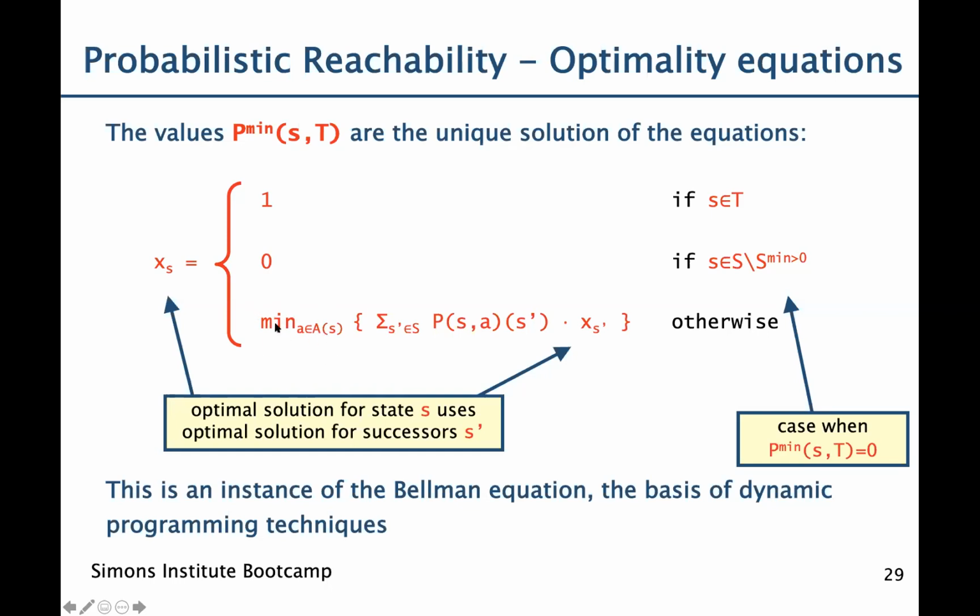So it's the minimum over the available actions, of the probability that we move to state S prime if we choose action A in state S, times the minimum probability from state S prime of getting to our target. This is what is known as an instance of the Bellman equation, and it's the basis of dynamic programming techniques for MDPs.